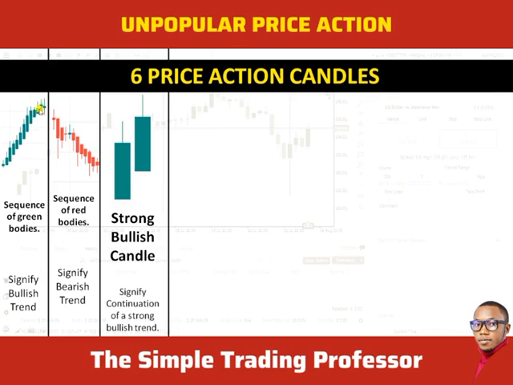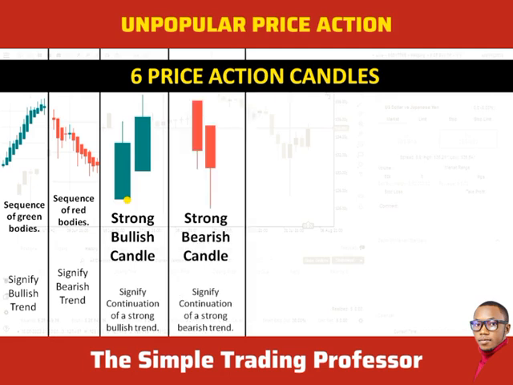Each and every one of these candles here is a bullish candle, the last candle here, and the first candle in this sequence. But this particular candle that does not have a wick underneath, the bottom is shaved, is called a strong bullish candle. It signifies continuation of a strong bullish trend or the beginning of a strong bullish trend.